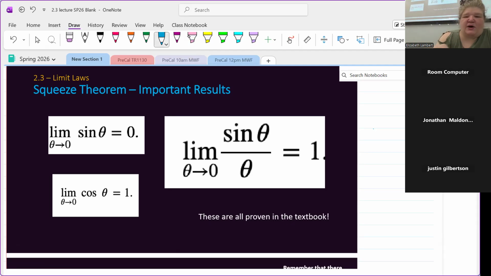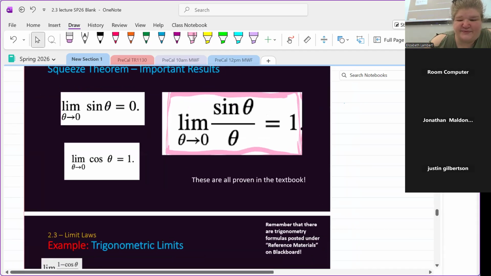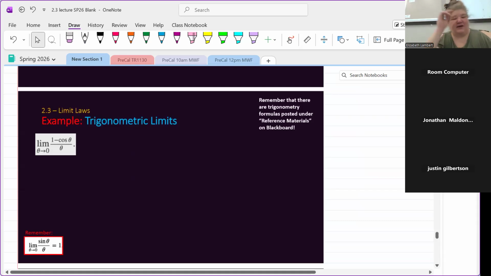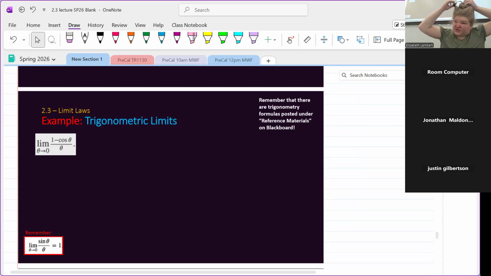This is one of the limits that we are going to use a ridiculous amount in the next examples. So this guy is like our best friend. Then this guy here that we're going to prove is our other best friend for trig limits.